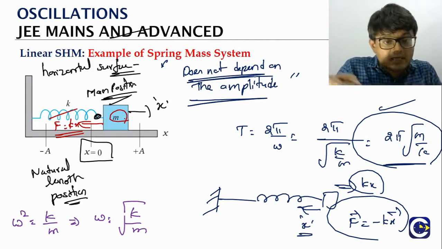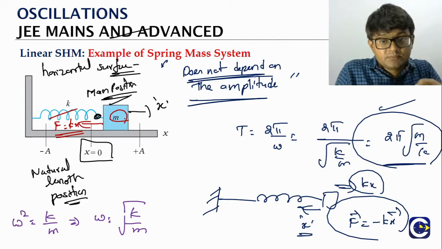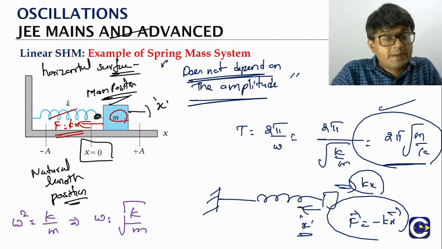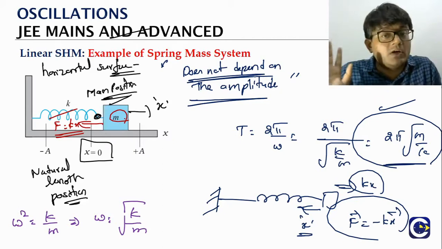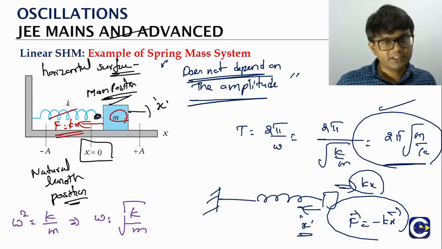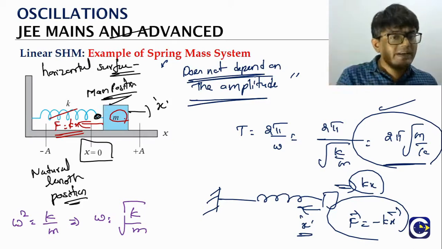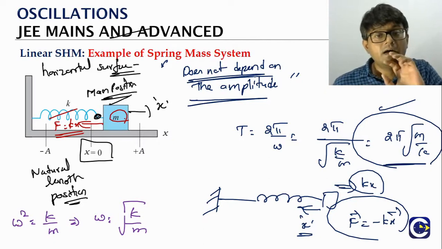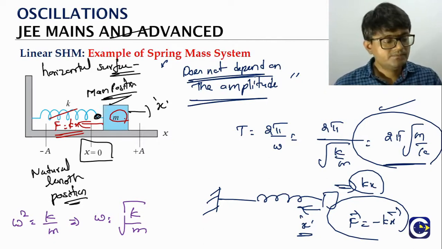Whatever x value we give is not going to come in our period formula. Look at it, the period depends upon the mass of the block and spring constant. It does not depend upon the amplitude of the oscillations. This is an important thing. We'll see in the other examples of SHM also that the amplitude will not affect the period of oscillations.